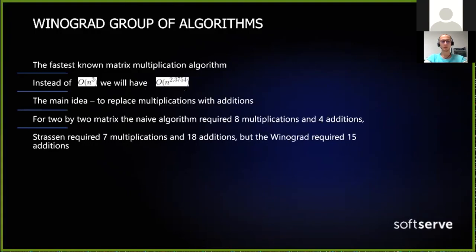It's much faster than everything before, and the Vinogradov approach was the fastest known matrix multiplication approach for 30 years.